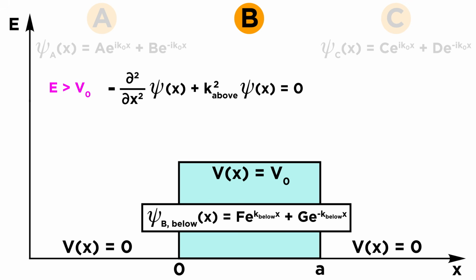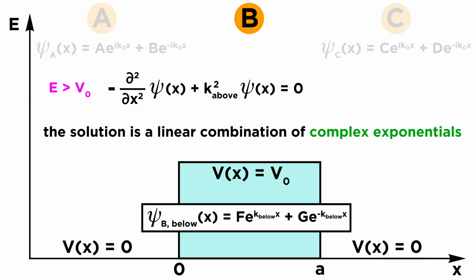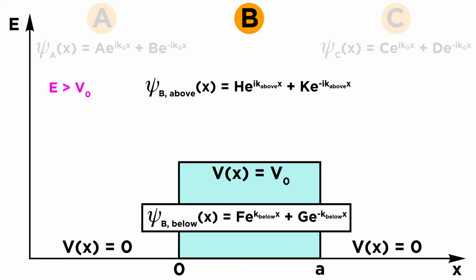As we would expect, the resulting wave function that acts as a solution to this differential equation will be a combination of complex exponentials, just like in regions A and C. Requiring new constants, this can be written as psi B above of x equals H times e to the i k above times x, plus K times e to the negative i k above times x.